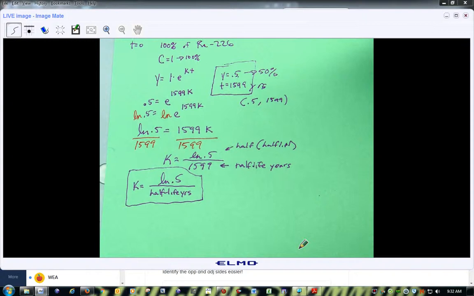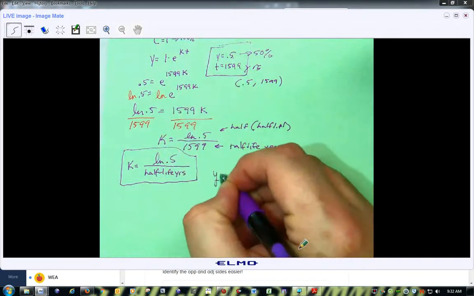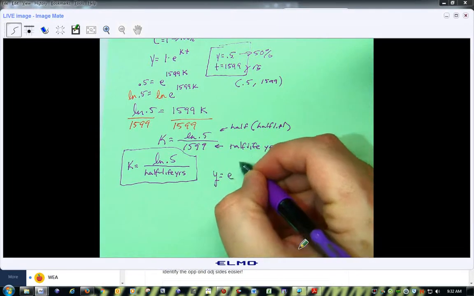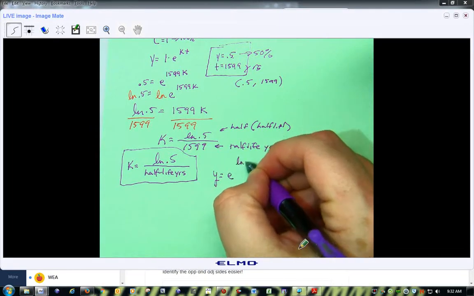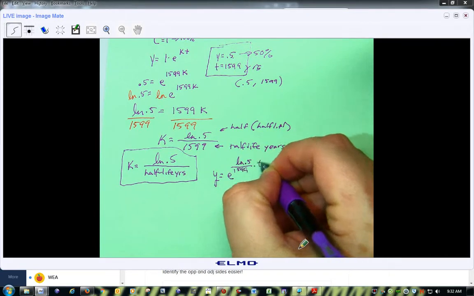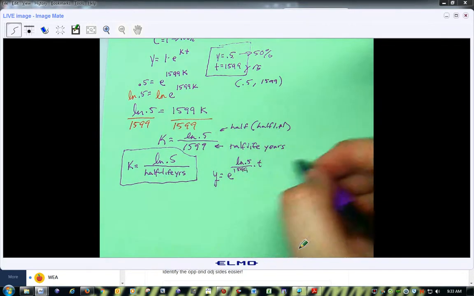So I got my k. I can go back to the original equation, y is equal to e to the natural log of 0.5 over 1599 times t. And then what did it say after 100 years? So I want t to be 100.